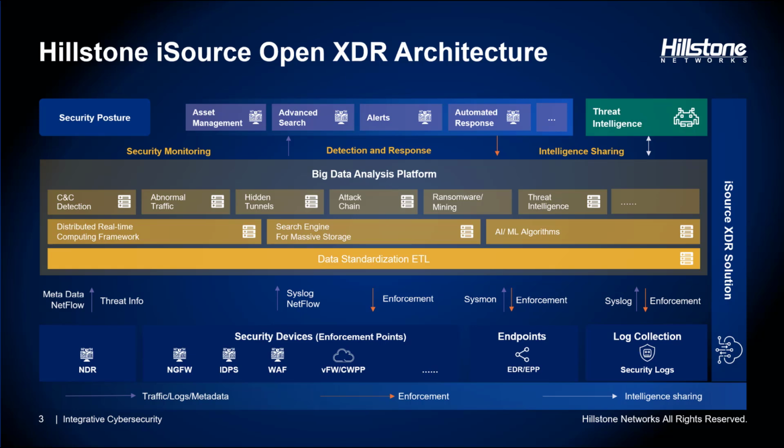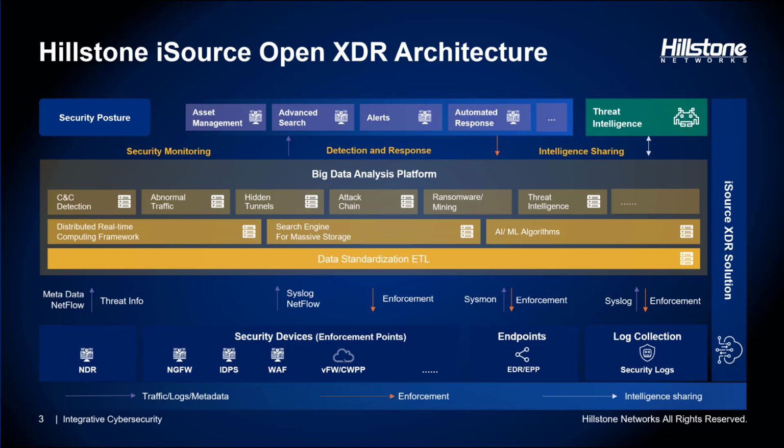So once a threat is detected, iSource can take action immediately in a number of different ways. It can trigger automated response through playbooks. It can launch a case-based investigation, or you can create tickets for manual follow-up.